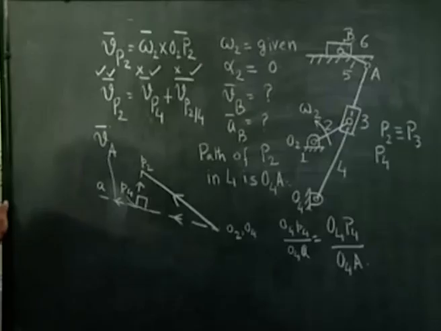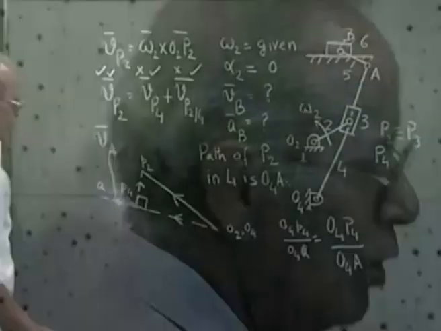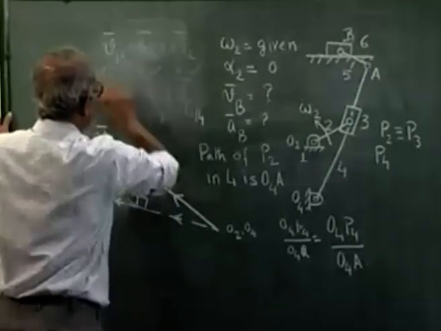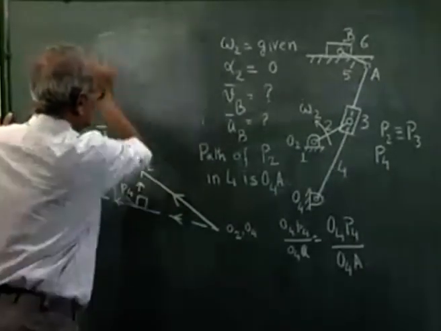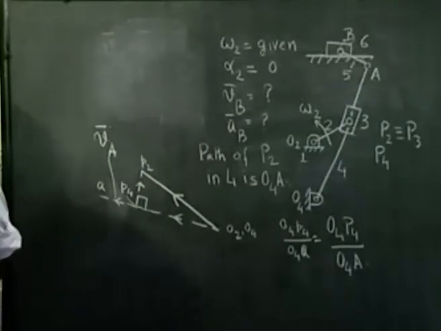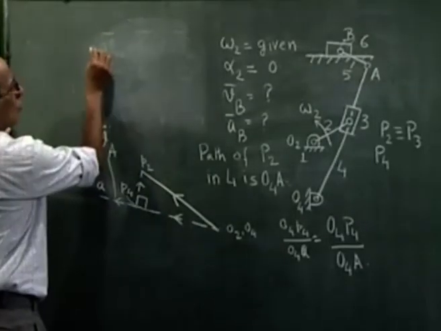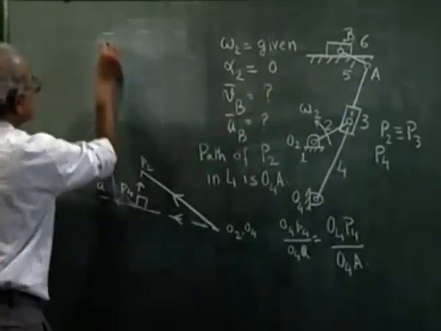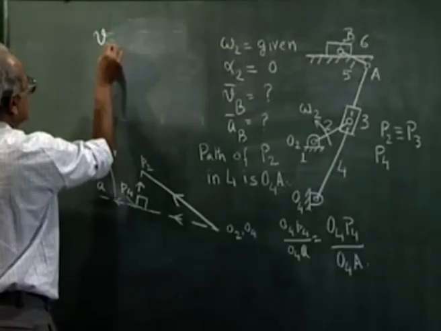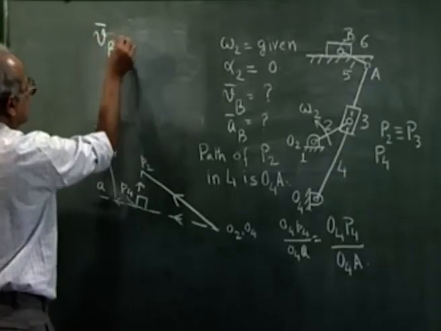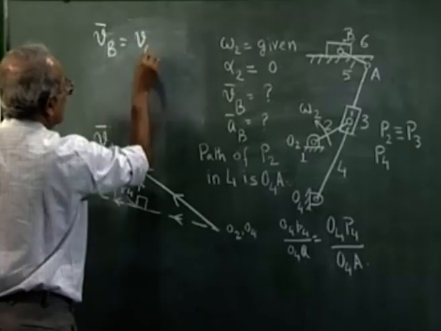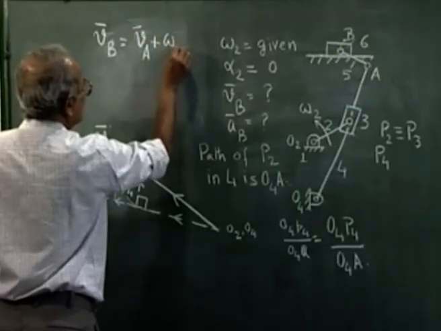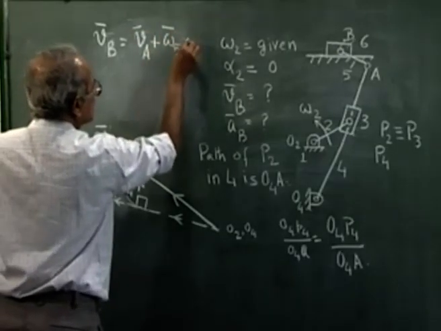Now, to determine the velocity of the point B, we go as follows. A and B are 2 points on the same rigid body 5. So, I can write VB is VA plus omega 5 cross AB.